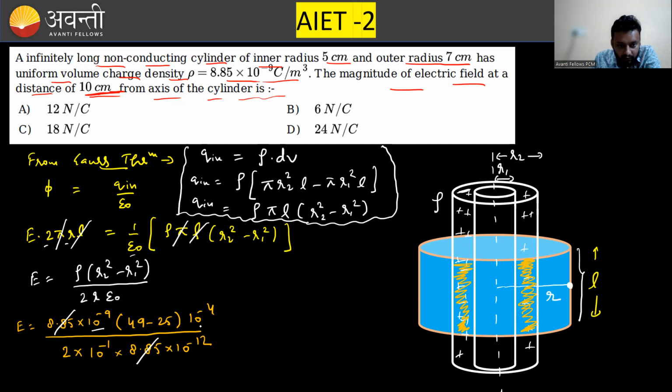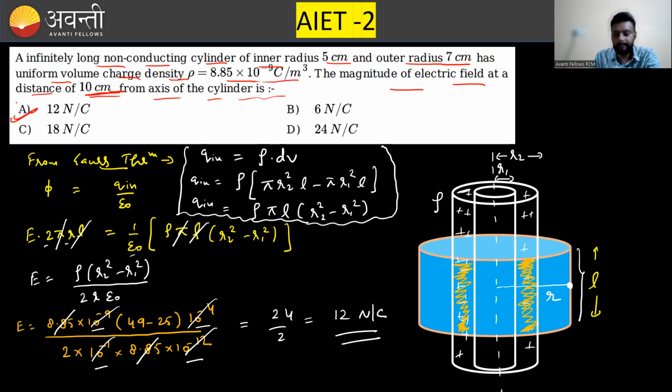Powers 9 and 4 make 13, and 12 and 1 make 13, so these powers will be cancelled. That means there is no power left. 49 minus 25 is 24, by 2, that is 12 Newton per Coulomb. This is our answer, which is option A.